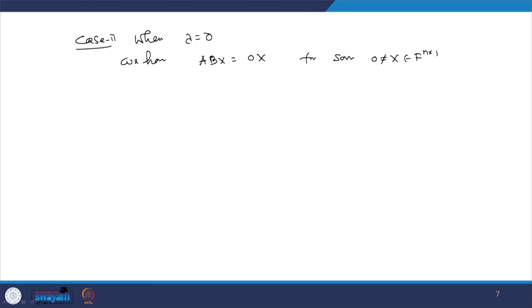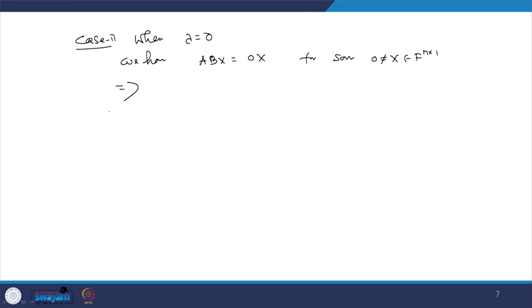Now, case 2, when lambda equal to 0, we have ABX equal to 0 into X for some 0 not equal to X belonging to F n cross 1.